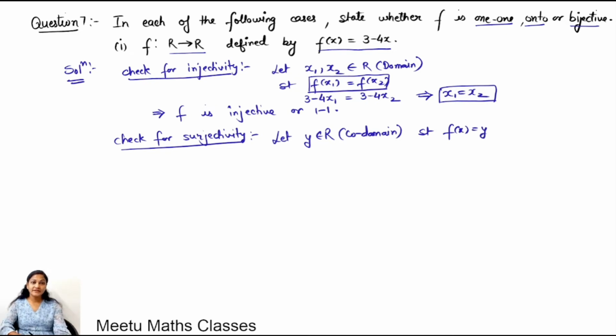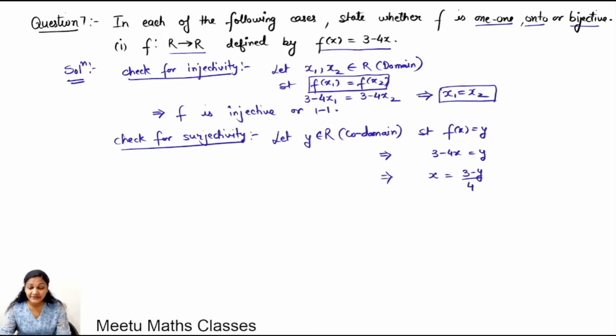Now our purpose is to prove that this x lies in the domain R. So f(x) = 3 - 4x = y, and that implies x = (3 - y)/4.